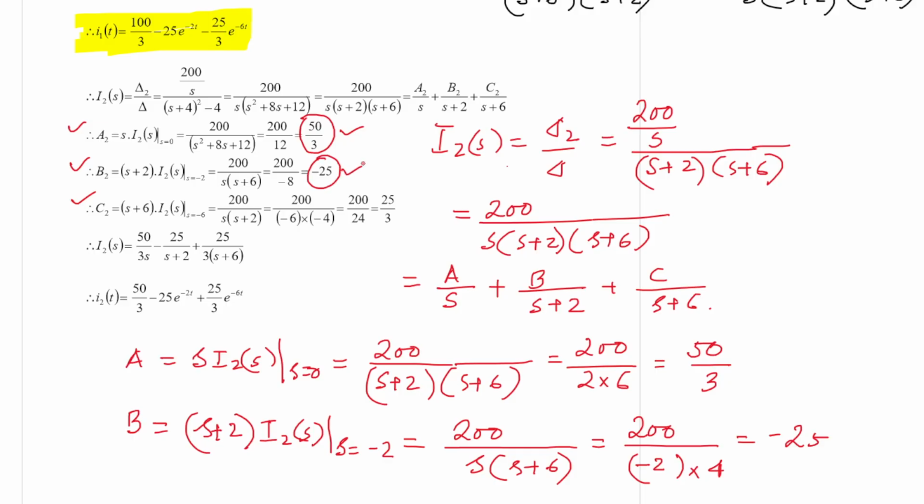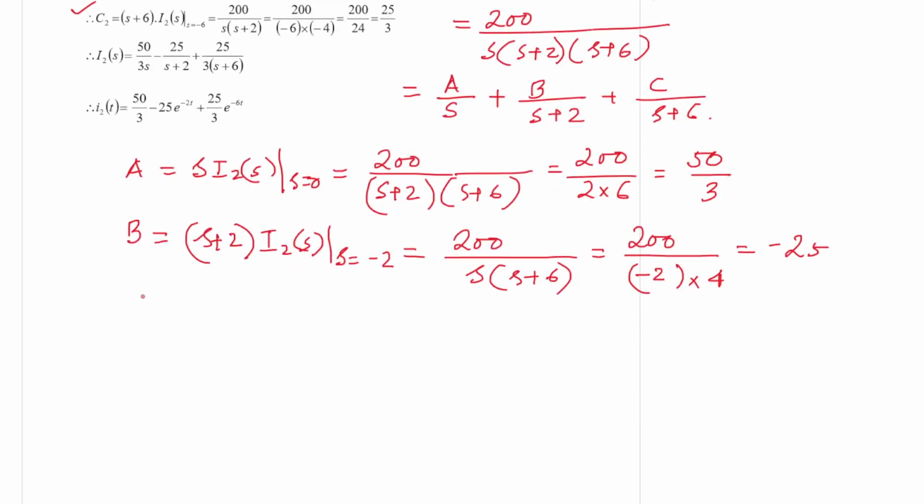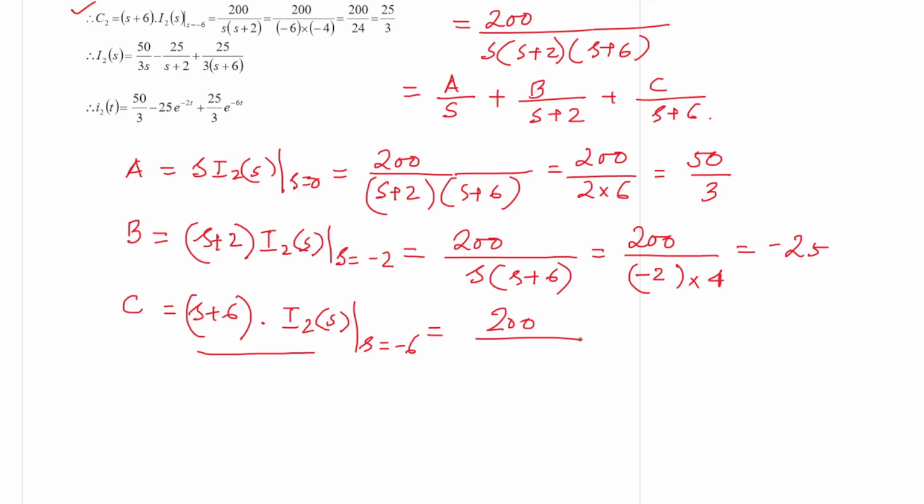Here is your answer. And lastly we have C. What is C? C will be equal to s plus 6 into I(s) at s equal to minus 6. So this will be 200 by s into s plus 2.